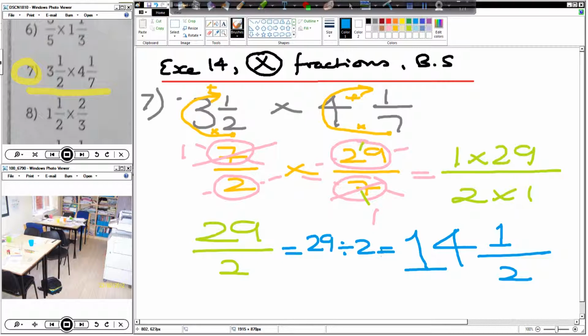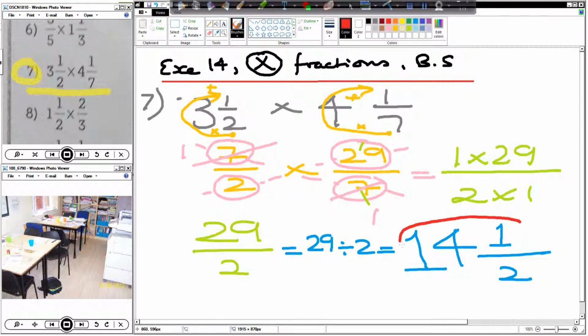So when we change top heavy into mixed, the whole number goes to the front, the remainder goes on the top, and the bottom number gets copied onto the bottom. Okay? And so the answer to that question is 14 and a half. That is our final answer for that question.